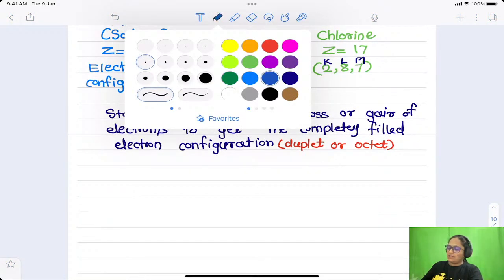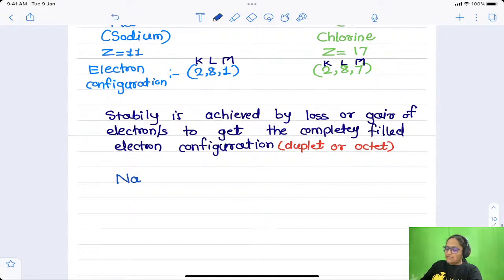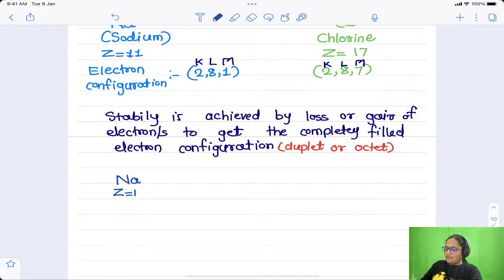So the same thing I will write down here. So what happens here, Na, in which there are Z is equal to 11, and there are 2, 8, 1 electron. Sodium is going to lose electron, right? So that lost electron, 1 electron will be here.